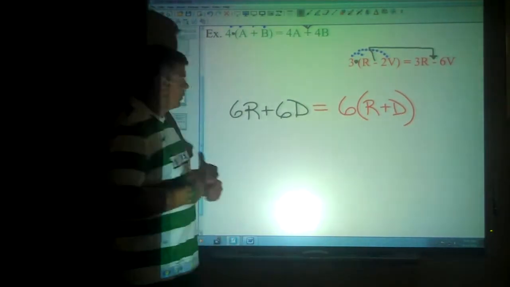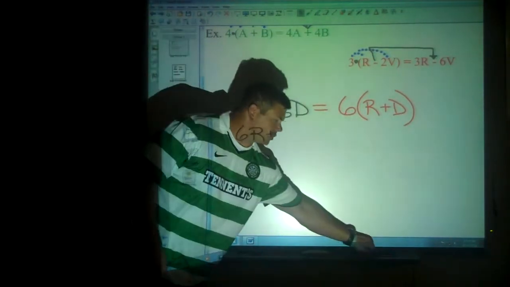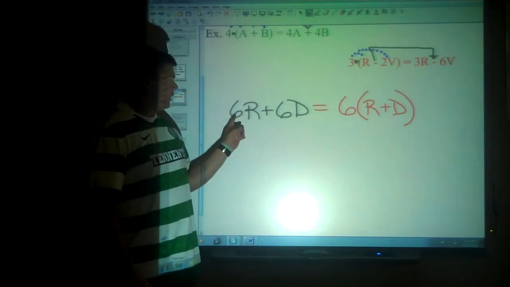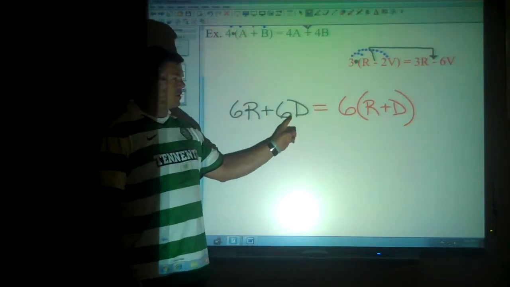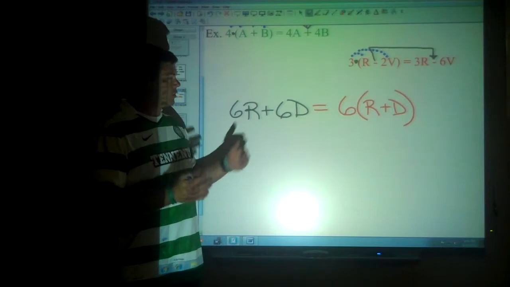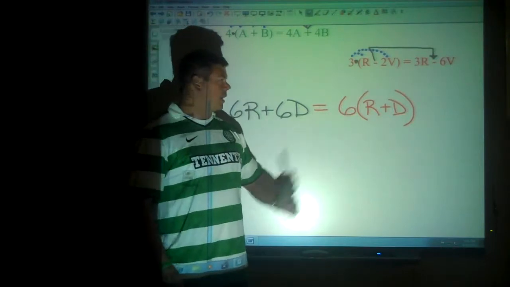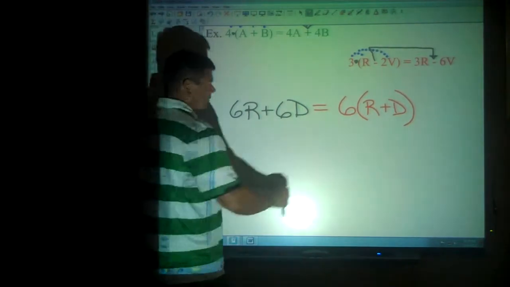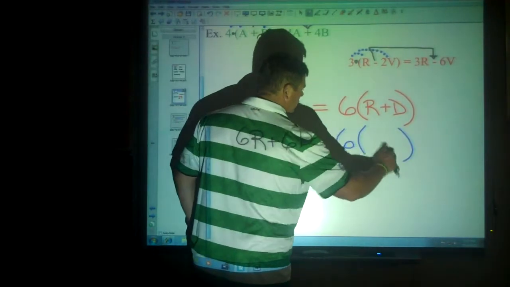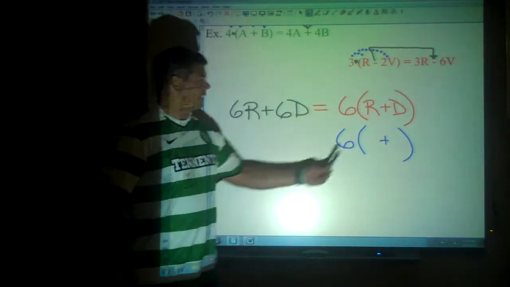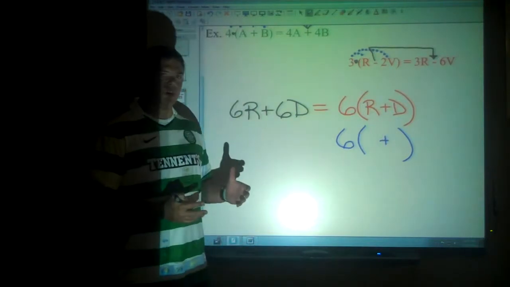Now, what I do when I'm looking at a problem like this, the first question I ask myself is, is there anything that goes into both 6R and 6D? The answer is 6. 6 goes into both. So 6 is what I put on the outside. So I would have this sitting just like this, and I would have blanks in here. Then I would ask myself another question.